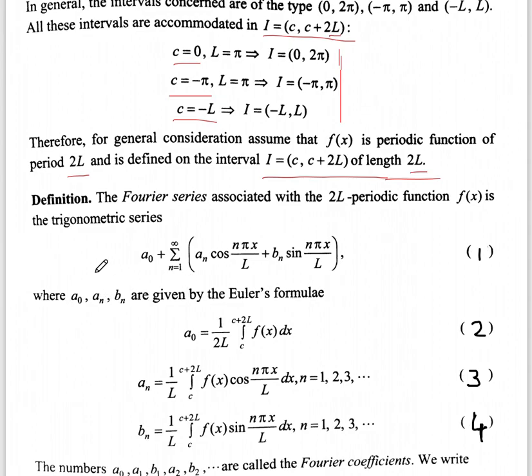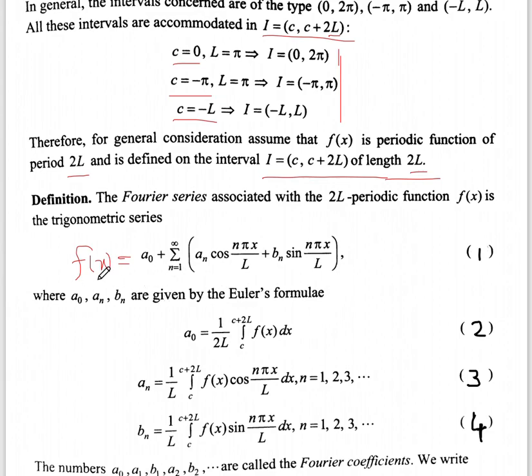So this can be written as f of x equal to a0 plus the summation from n equal to 1 to infinity of an cos n pi x upon capital L plus bn sin n pi x upon capital L.